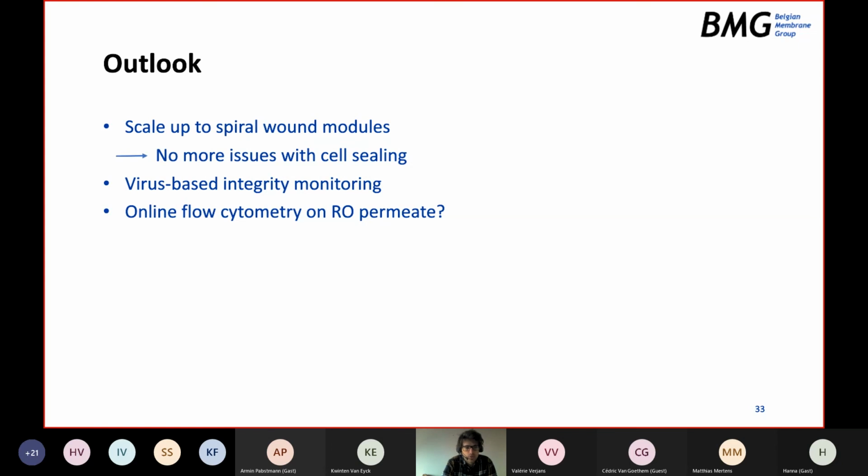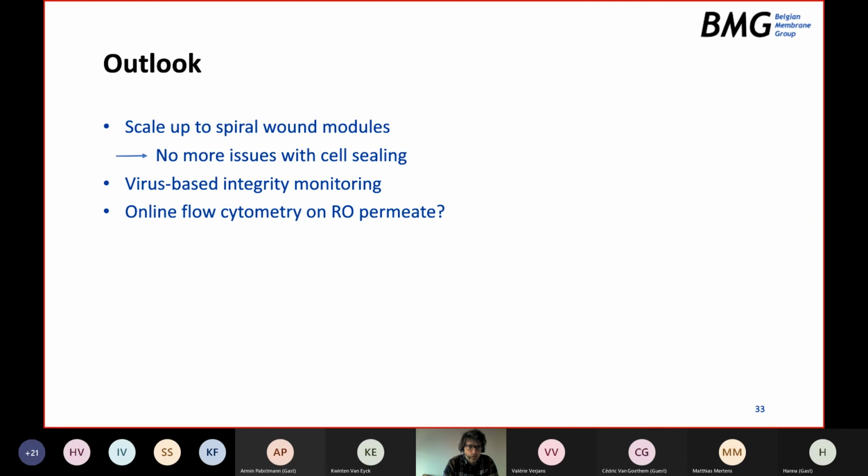But if you're interested in very high rejection of certain problematic compounds, your lab results might be unreliable. So how do we know whether we can trust our lab setups if we're looking at organic micropollutant removal or API removal, those kind of compounds?